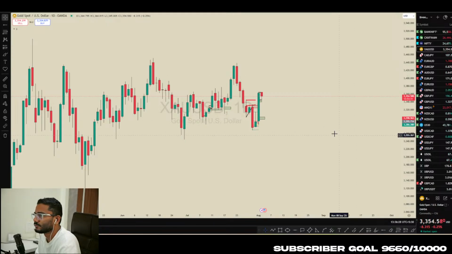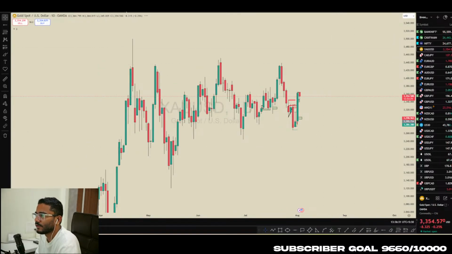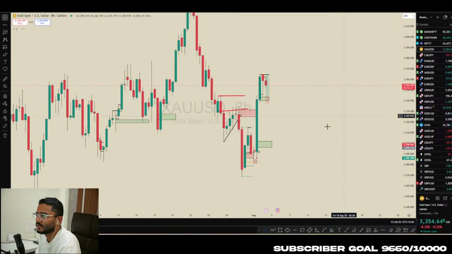Look at that. Where is the trendline liquidity on the daily time frame?